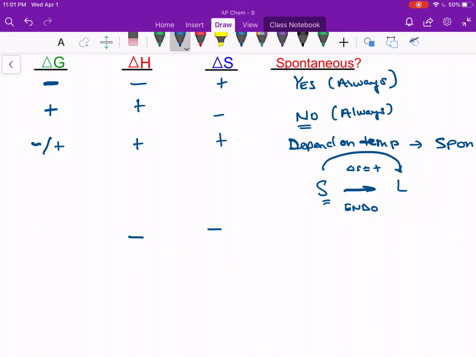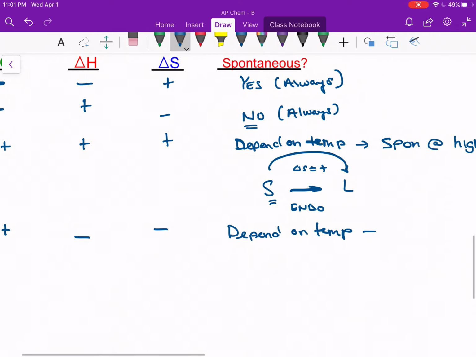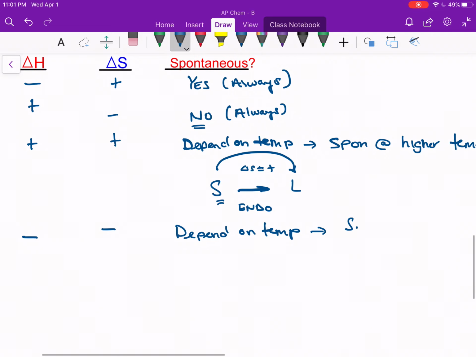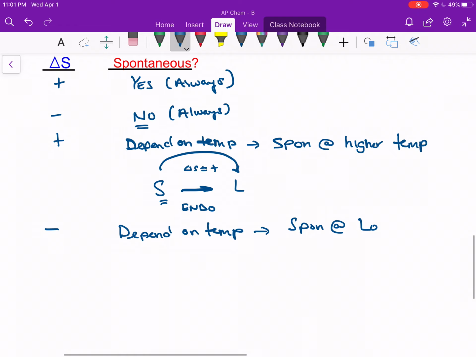So in this case here, we have delta H and delta S being both negative. Again, it's going to be dependent on temperature, whether or not it's going to be spontaneous. And so it's going to depend on the temp. And we know in this case, it'll be spontaneous at lower temps.